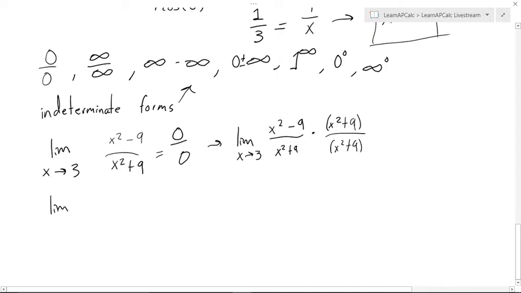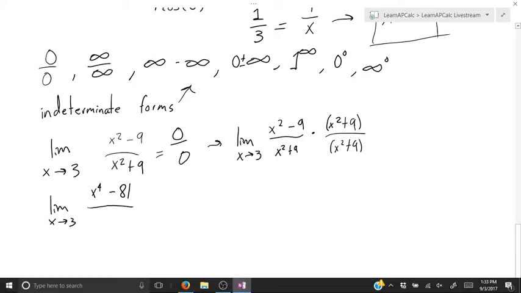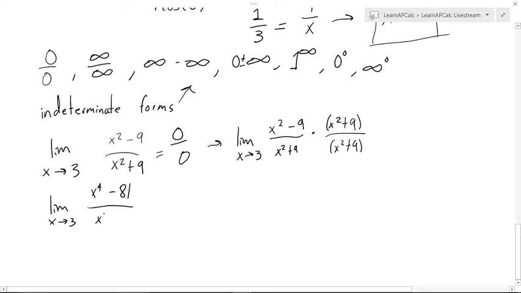Alright, and let's simplify that. x to the 4th minus 81. And then here, if I do this, I'm going to get simply x squared plus 9 squared.